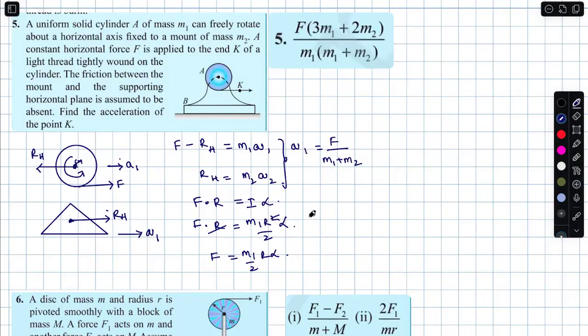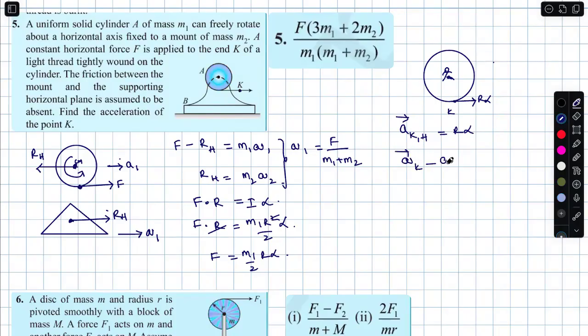Sir, what is the question and what are you doing? I'll explain. They want the acceleration of this point. Remember, the acceleration of the lower point comprises two things. With respect to this, R alpha. So this is point K, for example. Acceleration of K with respect to the hinge is R alpha, right side.